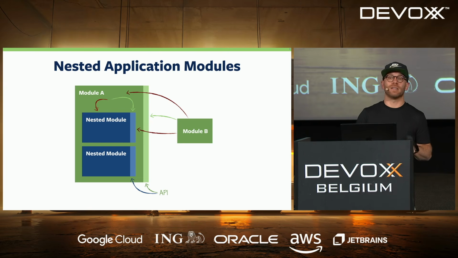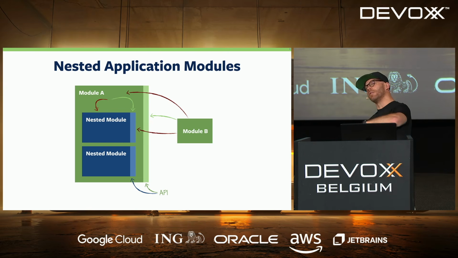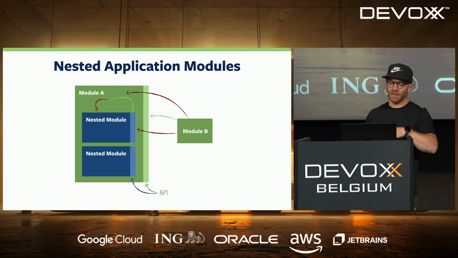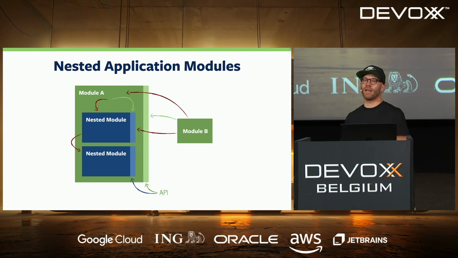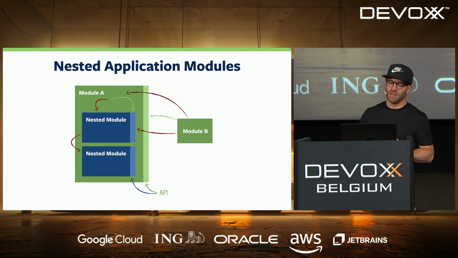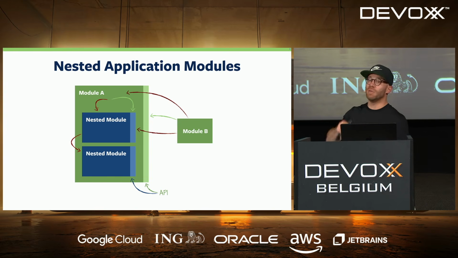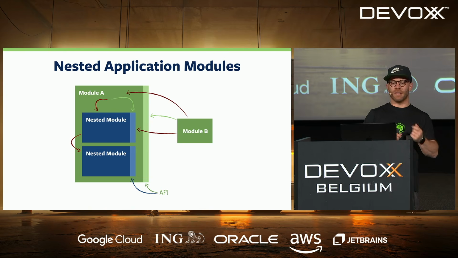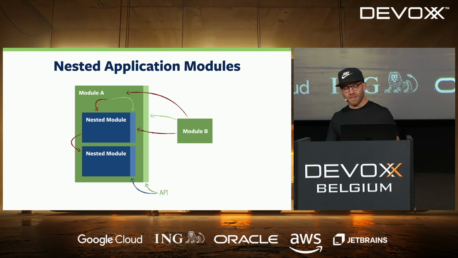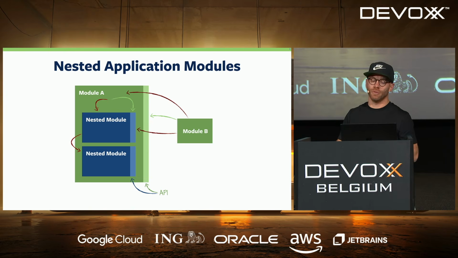What's also not allowed is that module A internals depend on the internals of the nested module, and sibling modules must also not reach out to others' internals. The upper nested module would be allowed to depend on the API of the lower nested module. I probably should have named them differently. But you're not allowed to access the internals again, right?